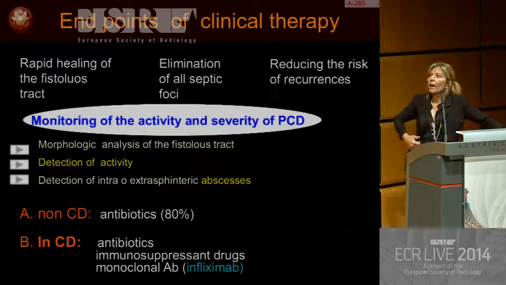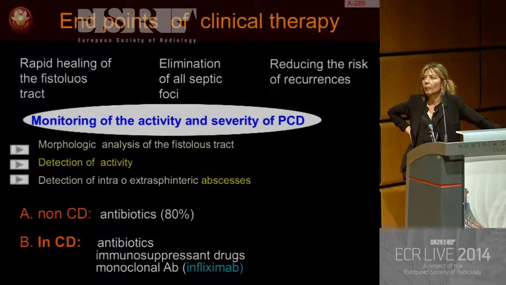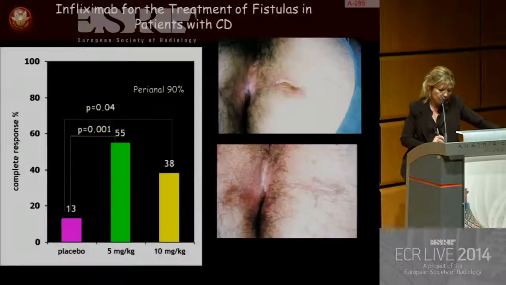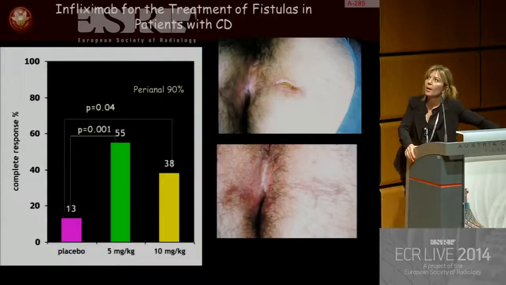I would like just to remind you that the clinical therapy is not only based on antibiotics, such as in a conventional fistula, but in fistula associated with Crohn's disease, it's based on the use of immunosuppressant drugs, and particularly on the use of infliximab.